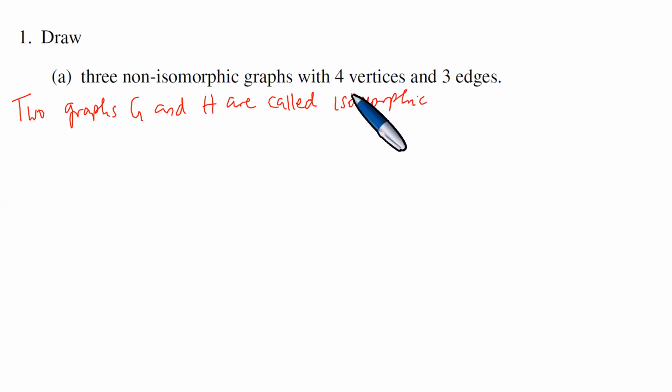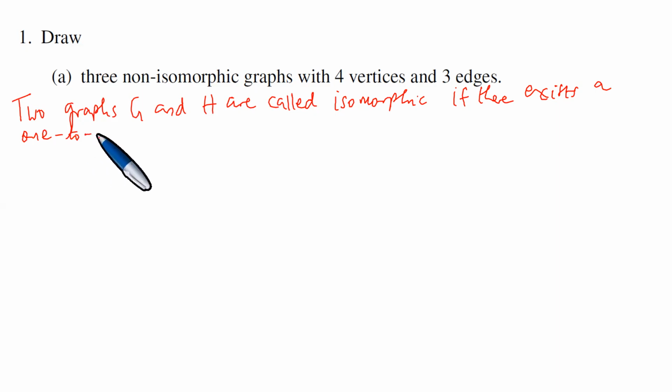Are called isomorphic if there exists a one-to-one correspondence. So now this is very important because this is the definition that we use all the time.